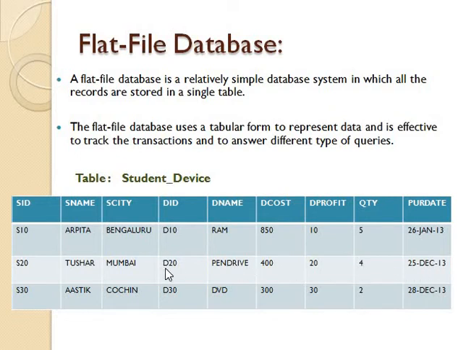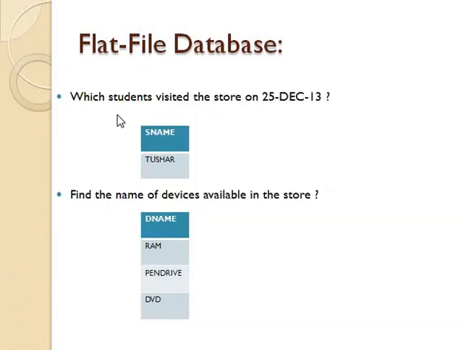Come here, check the student name. The student corresponding to that is Tushar, and this Tushar purchased a device on this particular date, 25 December 13. So the student name is Tushar, and that's why the output shows student name as Tushar, who visited the store on 25th December 2013.